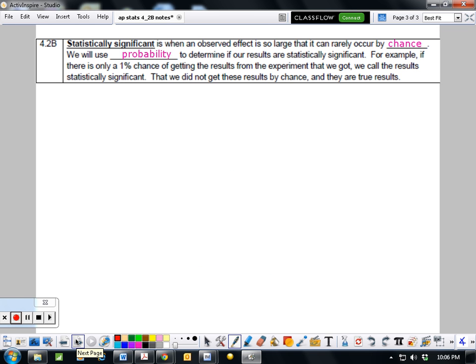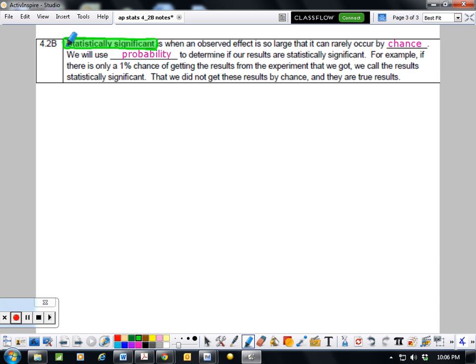Okay, and the last thing I want to talk about is statistically significant. And this is a really, really important thing, because this is our basis for all of our stuff. And so this is when an observed effect is so large that it could rarely occur by chance.